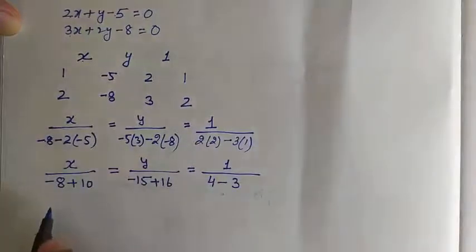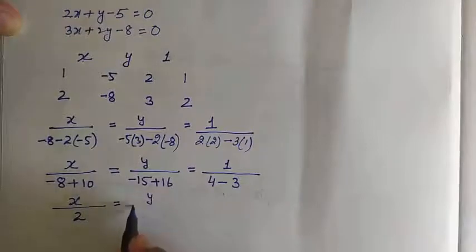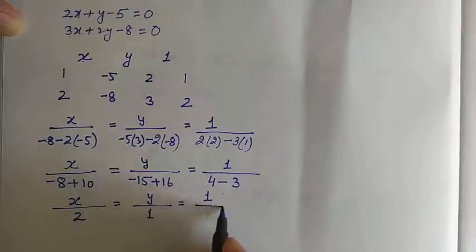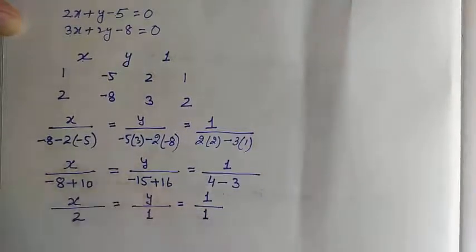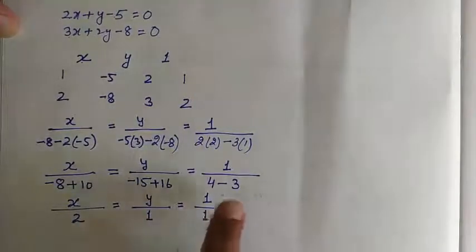So let's see further. x over, see here, minus 8 plus 2 plus 10 is plus 2, is equal to y over minus 15 plus 16, plus 1, is equal to 1 over 4 minus 3 is also 1. So these three are equal. x over 2 is equal to y over 1 is equal to 1 over 1.